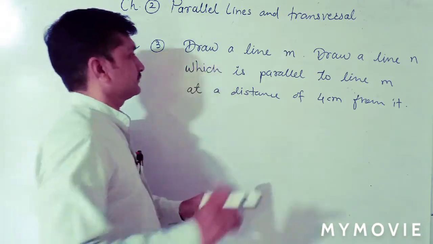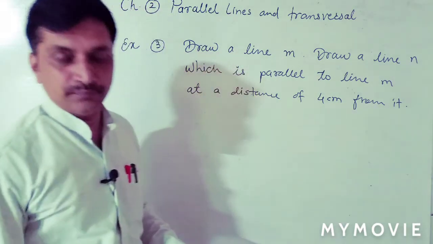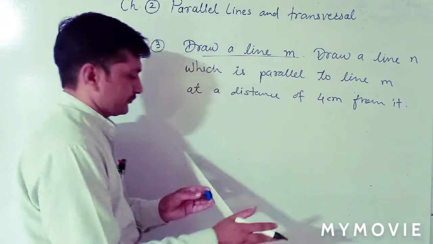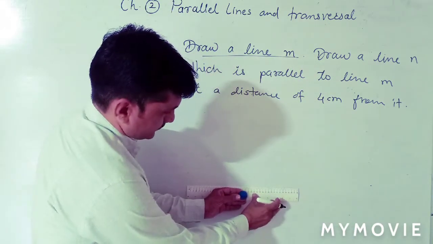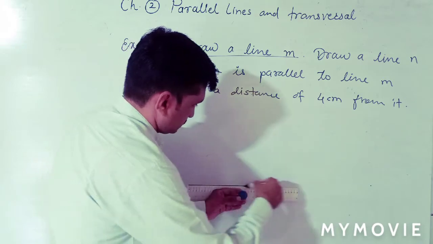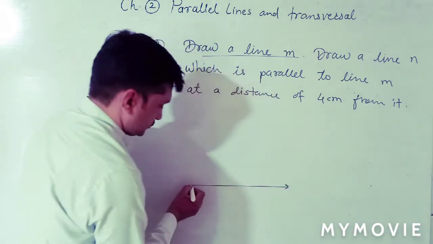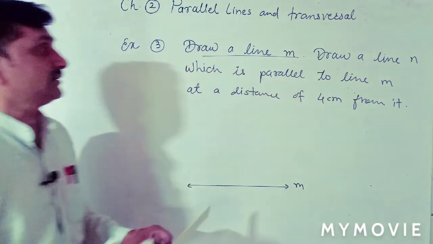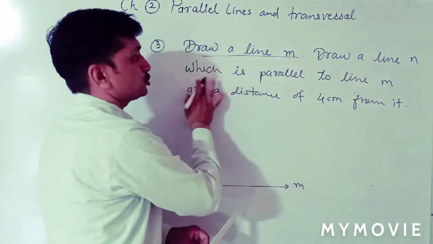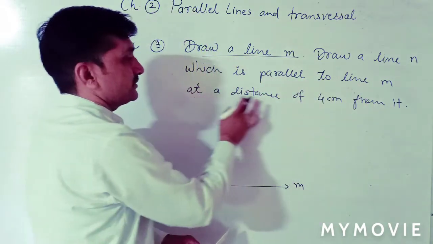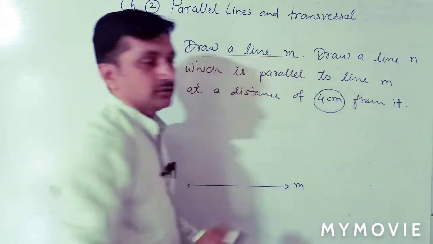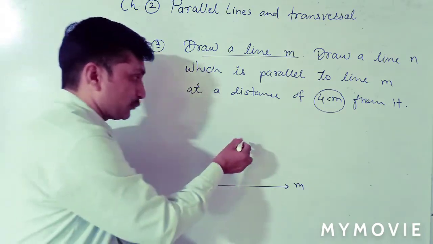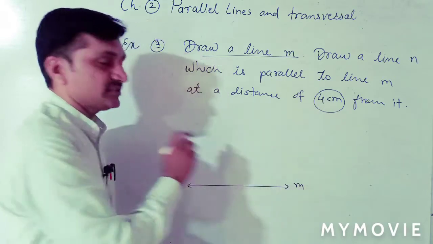Draw a line M. Step by step we do the construction. Draw a line M. First of all, I draw here one line. Line is drawn and give it the name M. This is the given line M. After that, draw line N which is parallel to line M at a distance of 4 centimeter. Now here we cannot take a point anywhere. We have to take a point at 4 centimeter distance from this line.